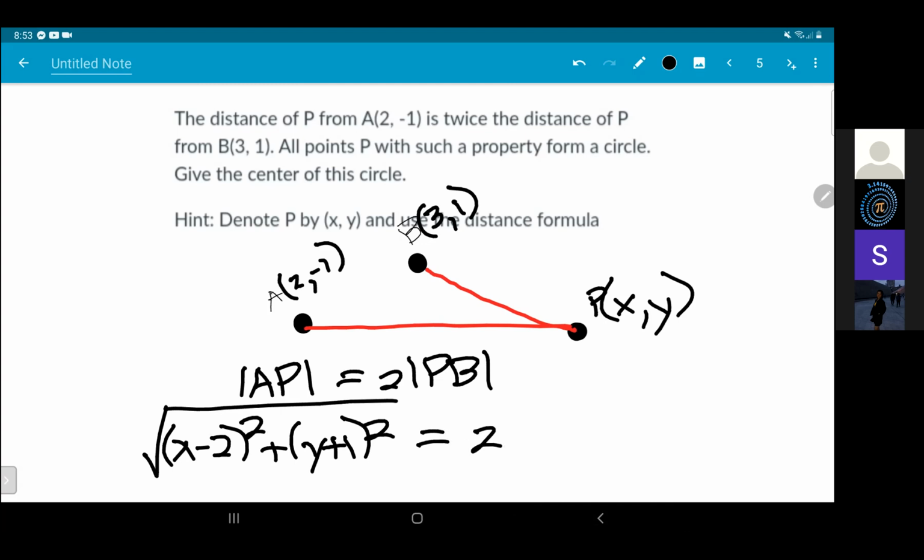Then twice. Okay, just realized something.